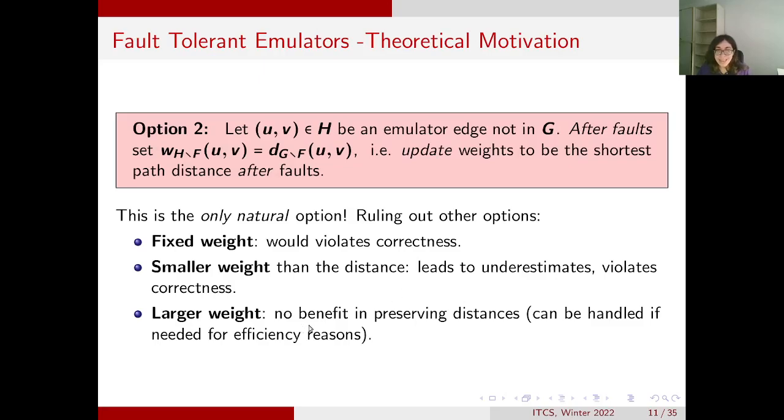And it also doesn't help us to set it to be a weight larger than the distance after faults, because there's no existential benefit. And if for some reason, for computational reasons, we do this to get more efficient algorithms or something, we can still adapt our analysis. Okay, so this is our definition of fault-tolerant emulators, that we can update the weights after faults.